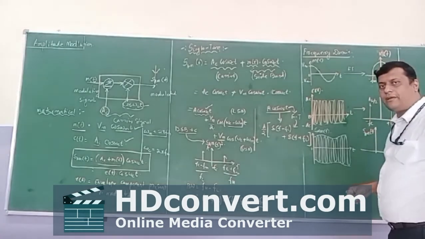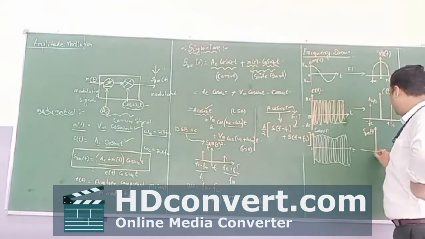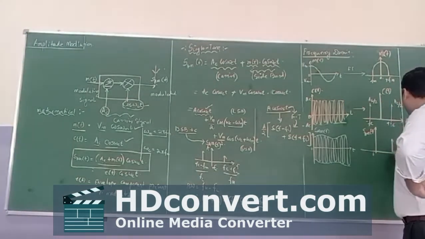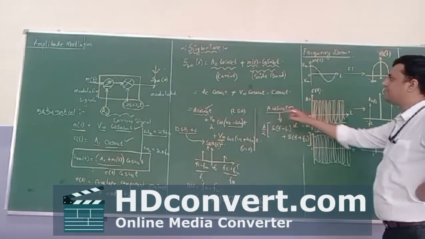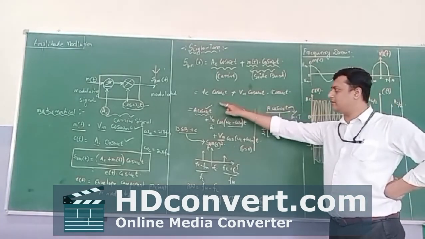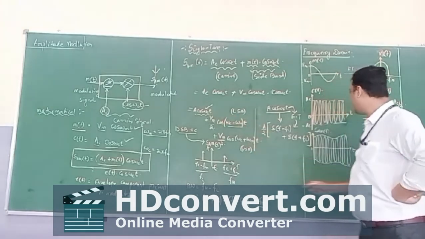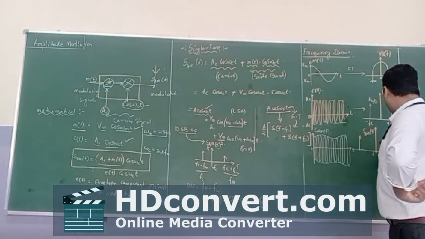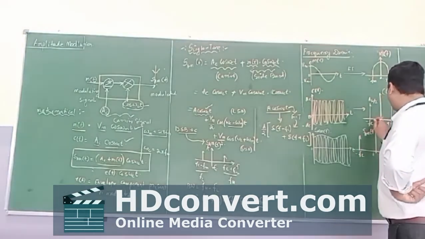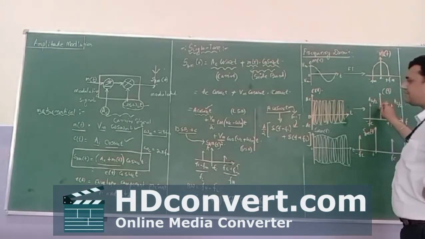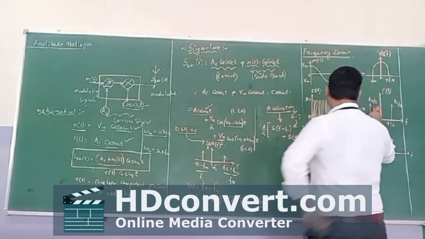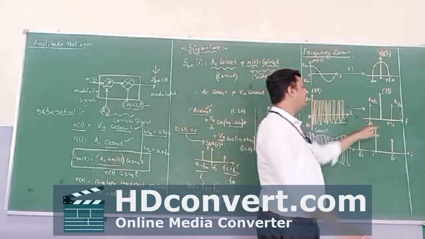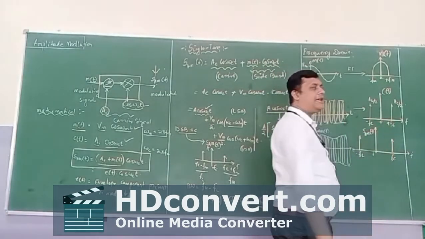The center frequency is our fc, because of the presence of the carrier. So due to the carrier, the two frequency components are available at plus fc and minus fc, as per the above figure. This is the carrier.